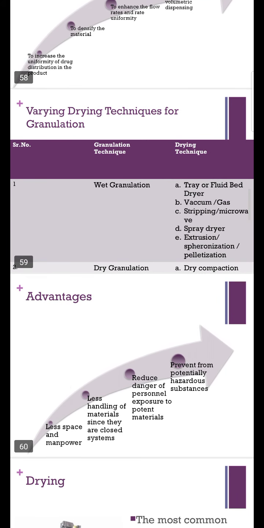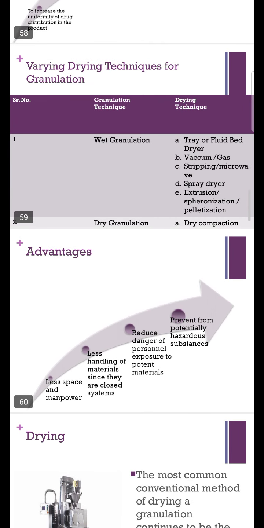Now, varying drying techniques for granulation. In granulation, we have studied two methods: wet granulation and dry granulation. So in case of wet granulation, the drying technique can be either FBD, you can go for vacuum drying, you can go for microwave drying, you can go for spray drying, and spheronization and pelletization can also be used, right?